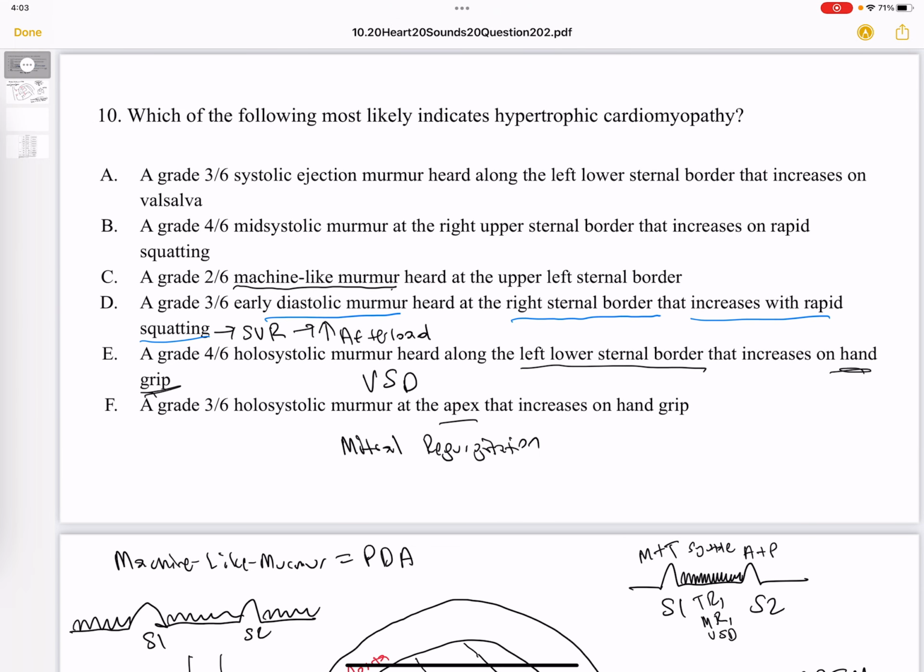Now let's look at answer choice B. A grade 4 out of 6 mid-systolic murmur at the right upper sternal border that increases on rapid squatting. Now the information that the answer choice gives us is that we're hearing a mid-systolic murmur. And this murmur is in the right upper sternal border and it is going to increase on rapid squatting.